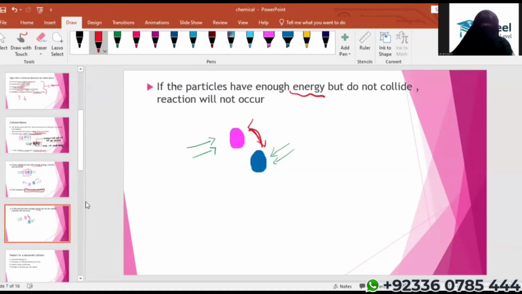So now you know the two reasons for a reaction to take place. The first is that particles must collide with one another, and the second is that they must collide with sufficient energy. Then we say that a successful collision has taken place, and so the reaction will proceed.